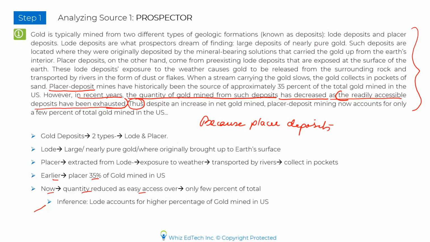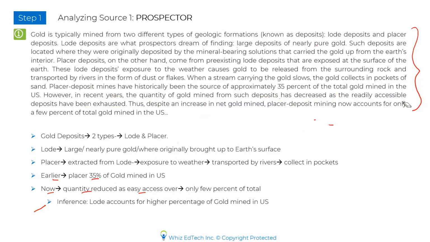One second, let me just connect the two sentences, okay? Think of it like this. Because the quantity of gold mined from such deposits has decreased, all right, that is why placer mining is now only accounting for a few percent. This is the connection. The reason why it has decreased is this. This is important. Okay? Is it clear, Vivek?